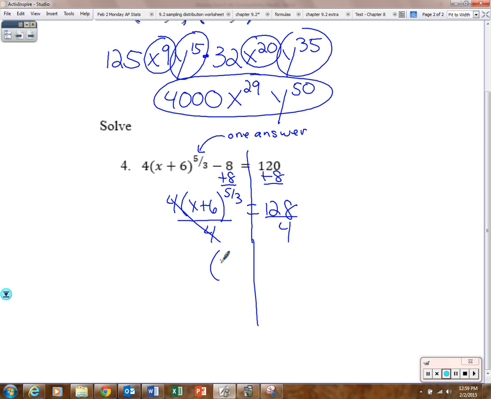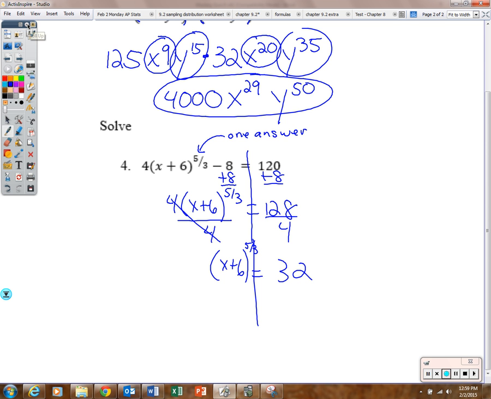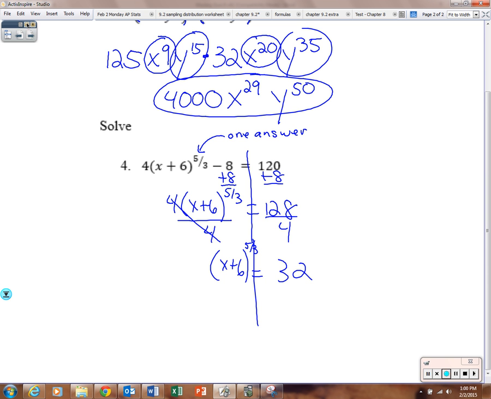So x plus 6 to the 5/3 power equals 128 divided by 4, which gives us 32. Now, we have to get rid of the 5/3 before we can do anything with the plus 6, because that x plus 6 right now is locked by that exponent. So get rid of the 5/3. We're going to use the reciprocal, 3/5.